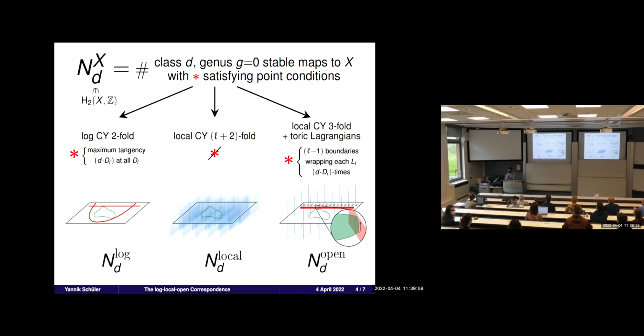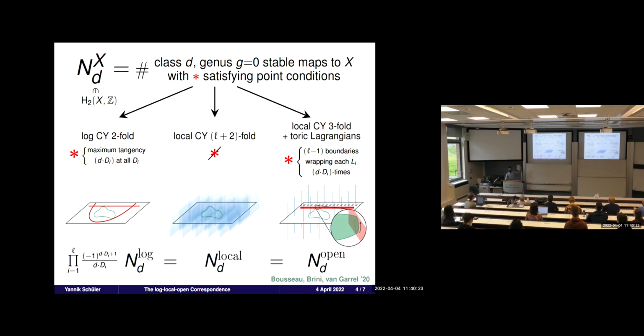Okay, Andrea took over. Now let me take back the control. And now what log local open is all about is that these three a priori very different numbers, they're equal almost on the nose. So these are equal on the nose, while for that one here, one just has to multiply with a combinatorial factor, but not too complicated.